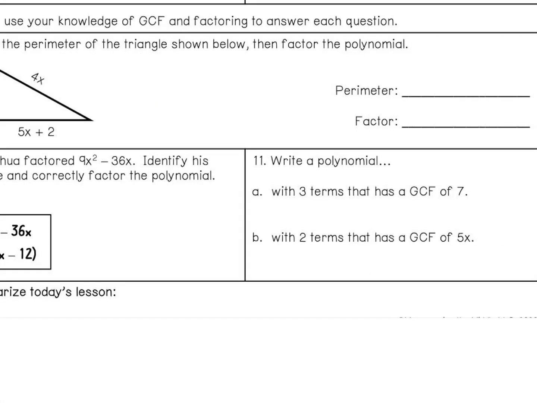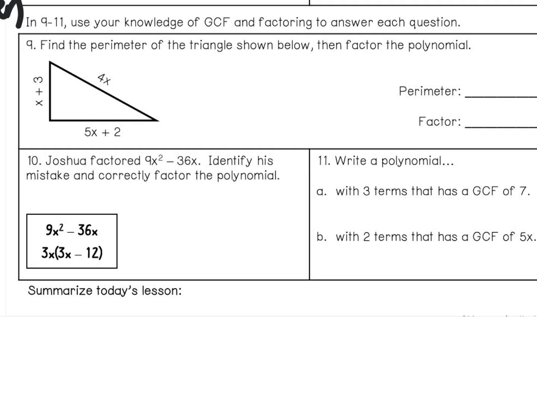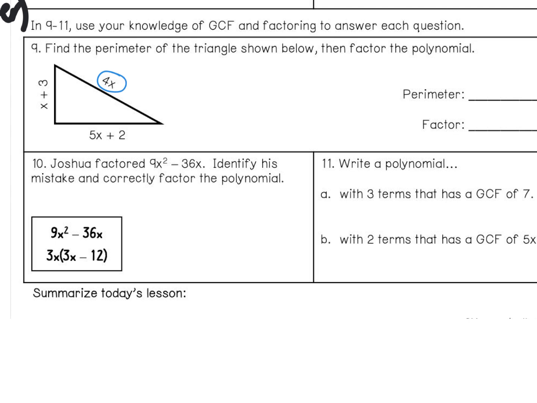Because 8 came from, find the perimeter and then factor it. Well, how do we find perimeter? We're going to add up all the sides. So this goes back to that whole collecting like terms. So 5 plus 4 plus 1 is 10x. And then we have our regular numbers, our constant, plus 5. So that's our perimeter.